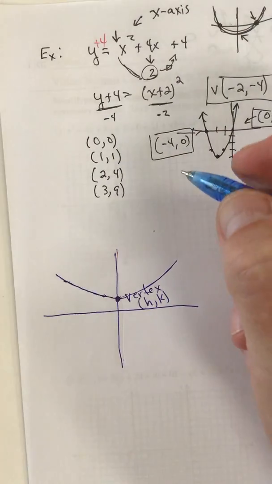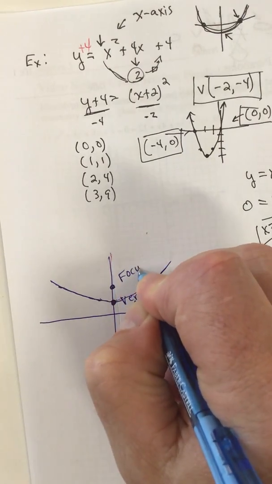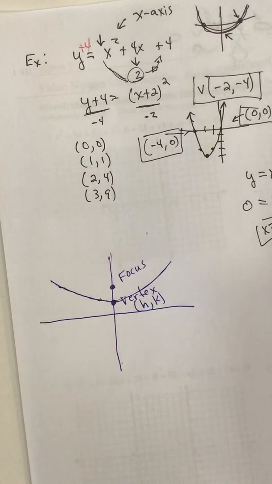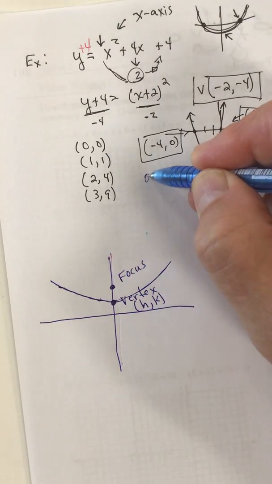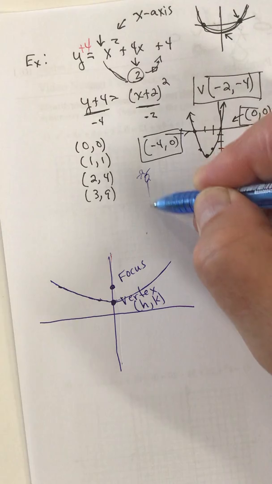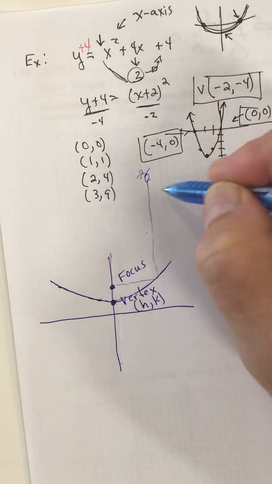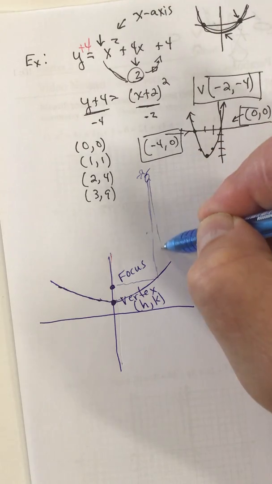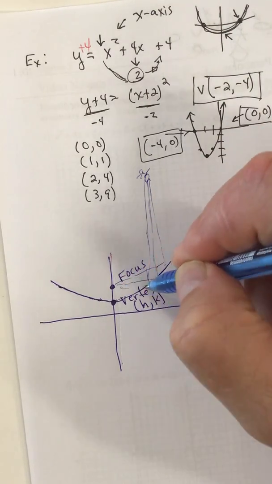Okay, inside this parabola is also a dot called the focus. Now, this is where you would put a receiver, if you had a satellite signal up here bouncing a signal down and it hits this parabola, it hits the focus. If it comes over to there, it hits the focus. If it comes down to there, it bounces it to the focus.